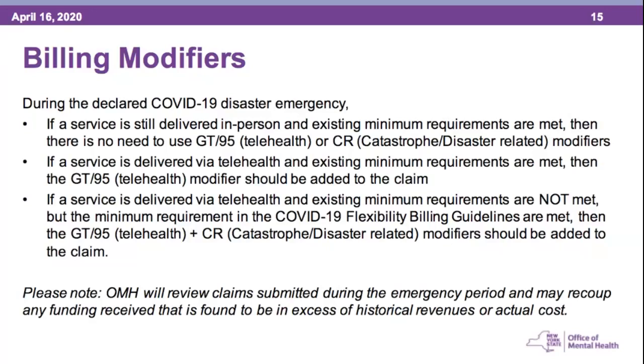I think that sounds like a similar question where some services have been rendered in person and other services that are being used to meet these minimum requirements were delivered over a telephonic capacity. And I think that we would expect to see the GT or the telehealth modifier added to those claims.